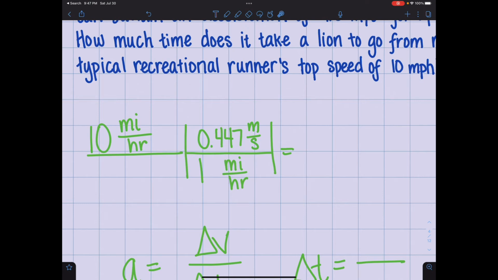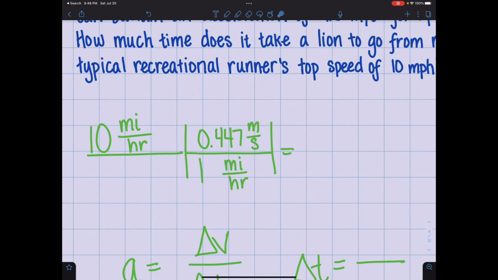It's kind of like multiplying by 2 over 2 or 3 over 3. That's the same as multiplying by 1, and when you multiply by 1, you're not changing the quantity, you're just changing the units, and that's totally fine. So 1 mile per hour is the same as 0.447 meters per second.